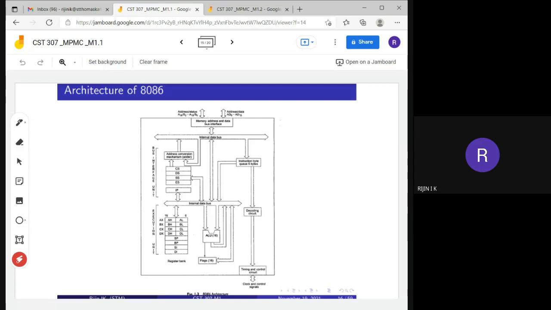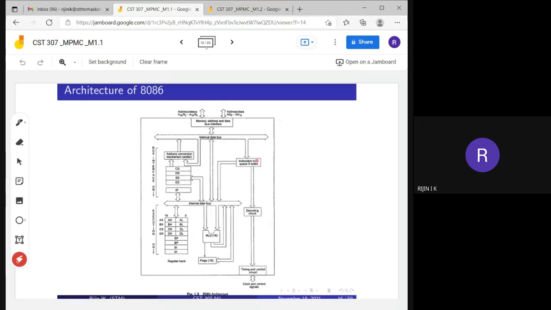In order to point to the next instruction in the memory, we use the instruction pointer. In short, we call it IP. So IP is a 16-bit register which is used to store the address of the next instruction to be executed.